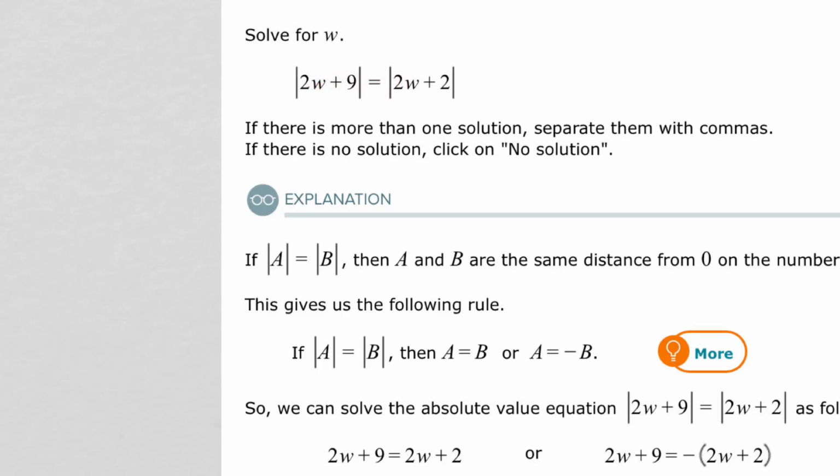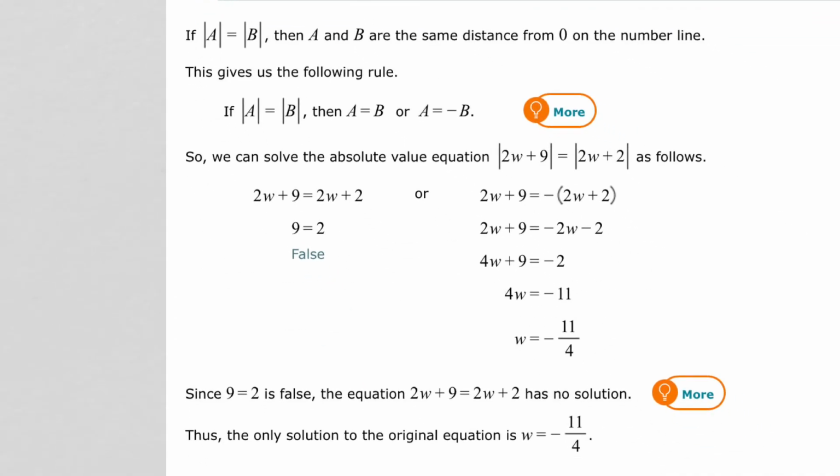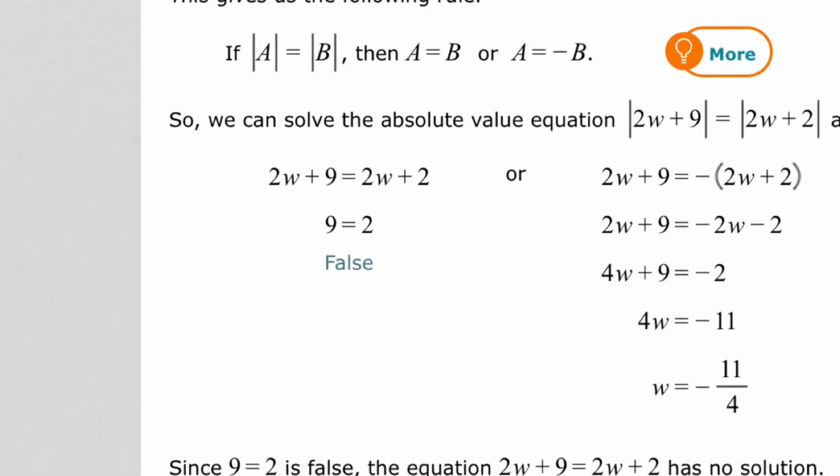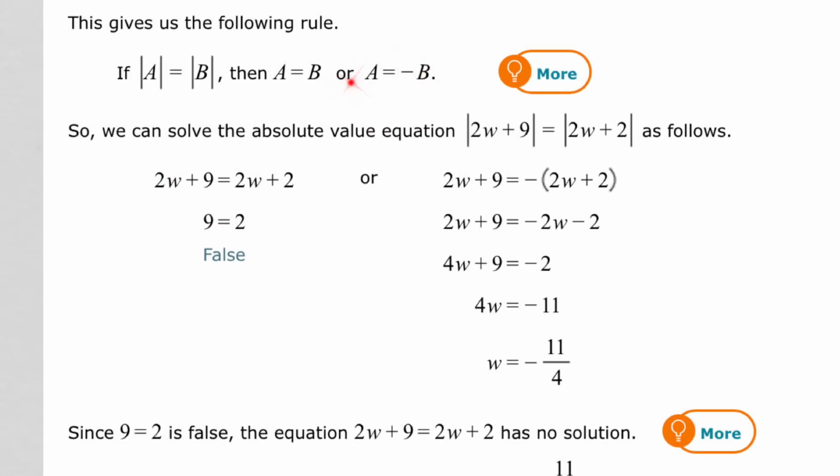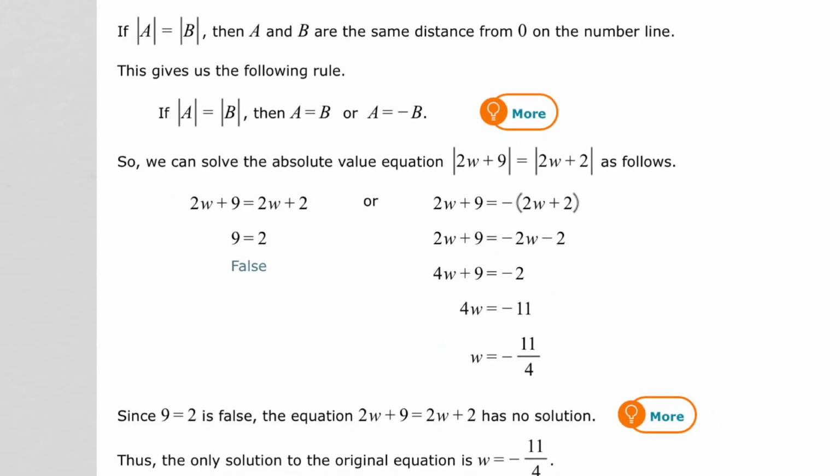The first one, where A equals B, is false. Our second one, A equals negative B, gives us negative 11/4.